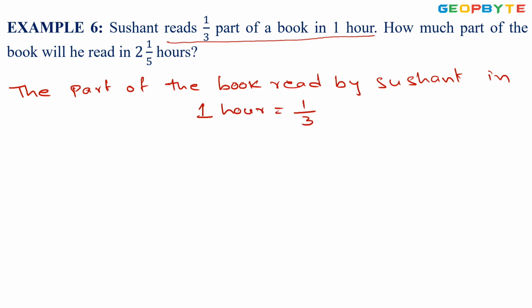The part of the book read by Sushant in 1 hour is 1 by 3. How much part of the book will he read in 1 by 5 hours?